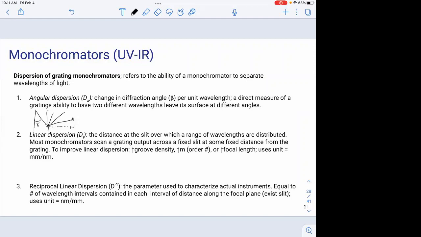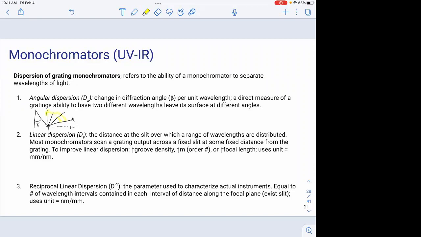So if this is my incoming ray, is my angular dispersion poor, meaning that the diffracted ray is not that far away from the incident ray, or is it better that it's farther dispersed?